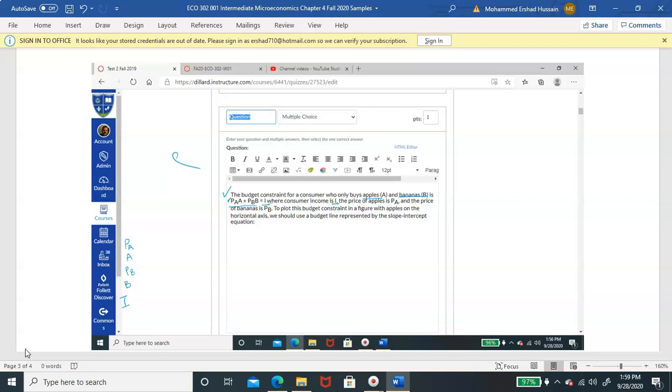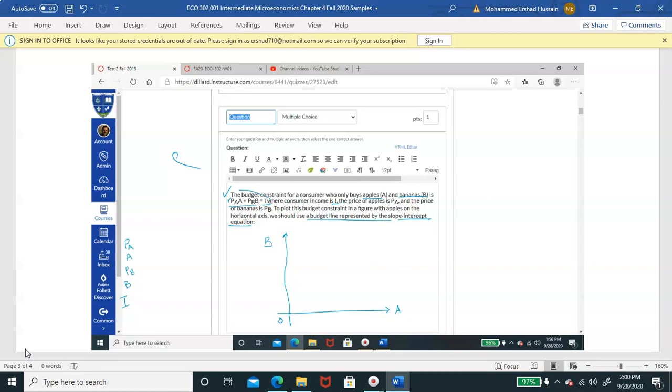Now to plot this budget line in a figure with apples on the horizontal axis, we measure the number of A on the horizontal axis and on the vertical axis we measure B, right? We should use the budget line represented by the slope intercept equation.